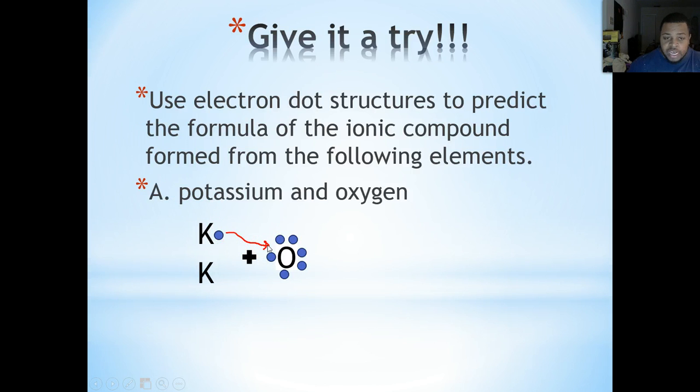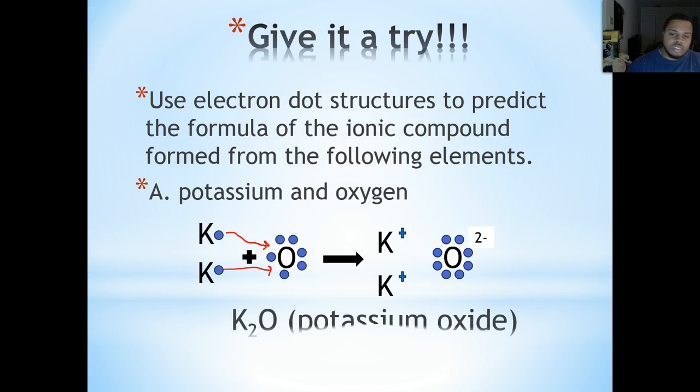But if I add another potassium, I can help this oxygen reach its full octet. So I'm going to end up with a formula that looks like this, potassium oxide.